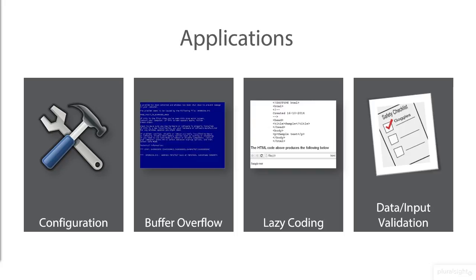If I don't validate the input or the data that gets thrown into these fields, an attacker can cause the software to have basically a hiccup and then allow me in through a vulnerability.